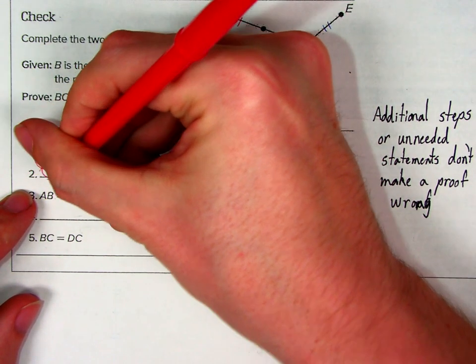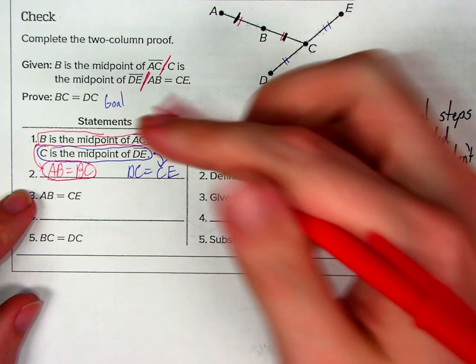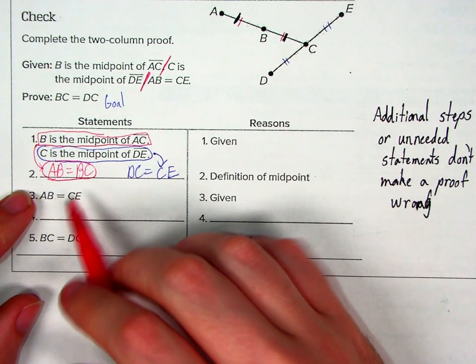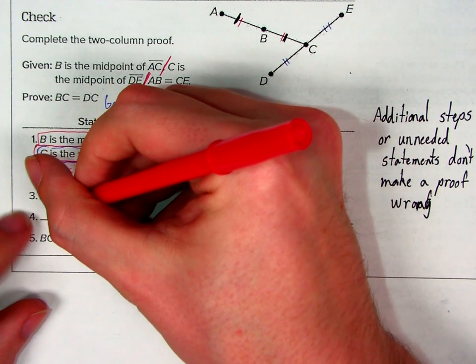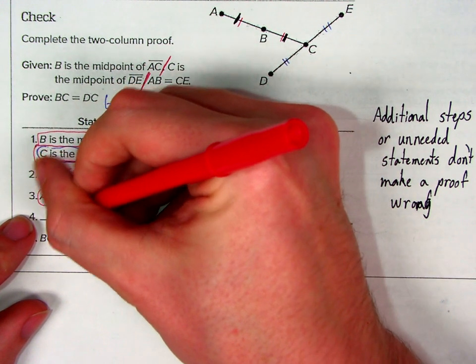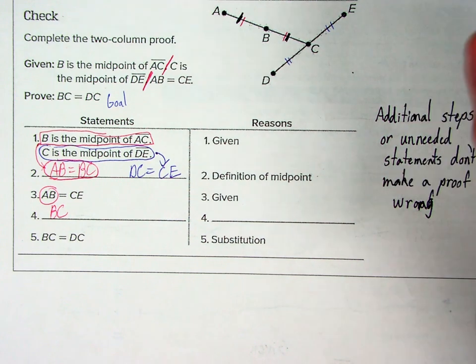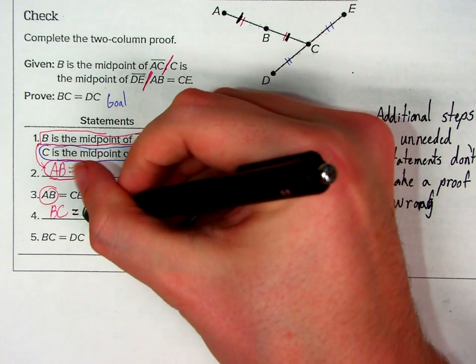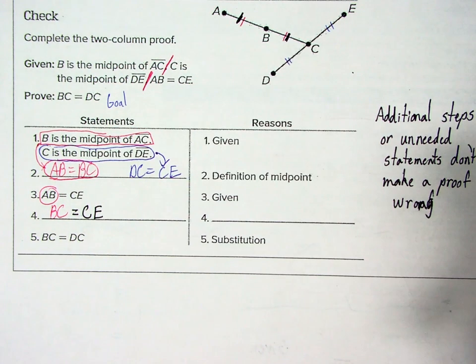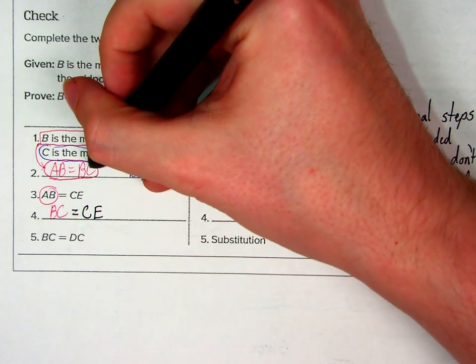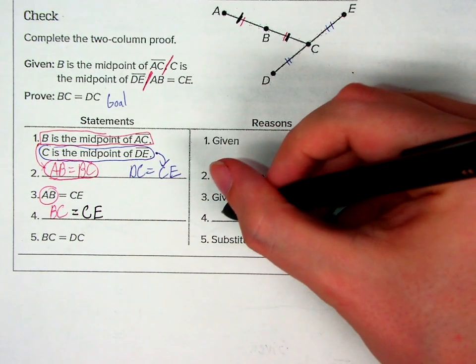Because of this statement, because AB is the same as BC, we get to replace AB with BC. We'll say BC equals CE. All we did is replacement. All we did was substitution.